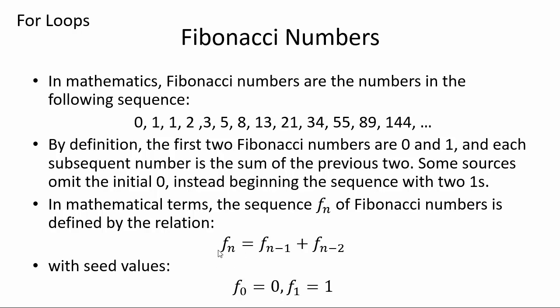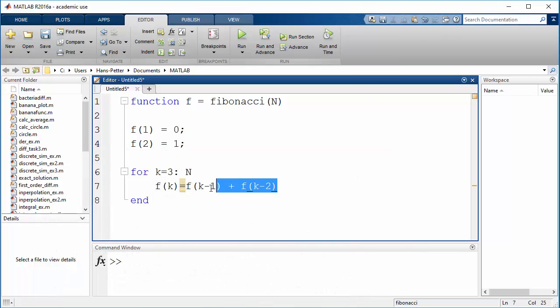So the next Fibonacci number is the sum of the two previous numbers in this sequence, and this can be implemented like this in a for loop. So this is our Fibonacci function.